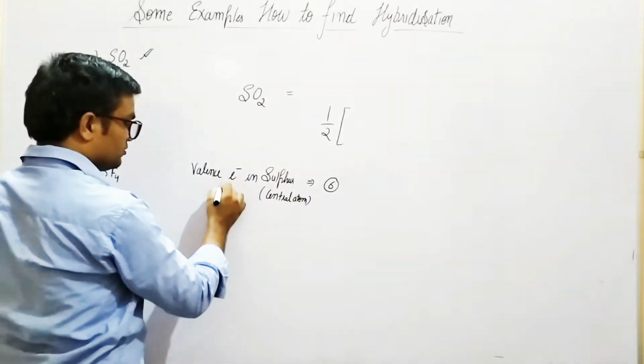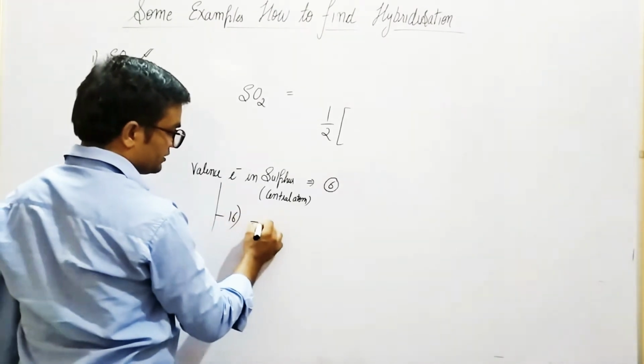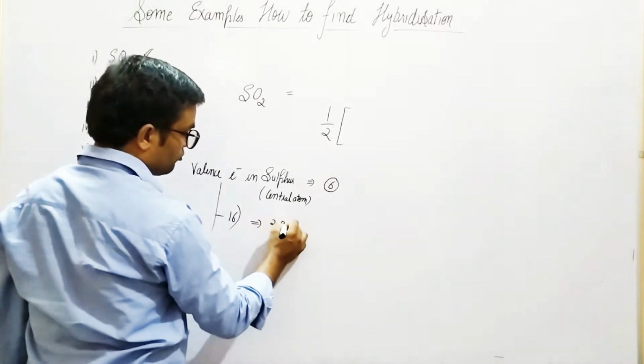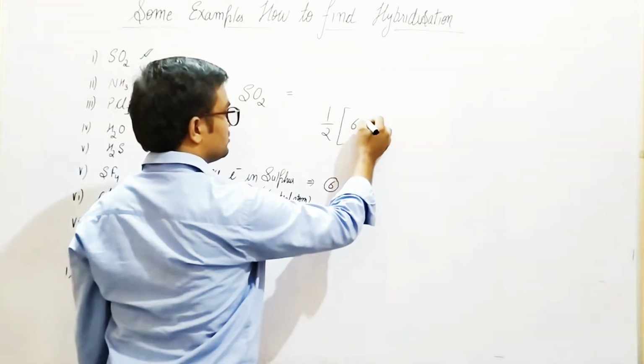How do we find it? Sulfur has atomic number 16, therefore its electronic configuration will be 2, 8, 6. These are the valence electrons, therefore 6.